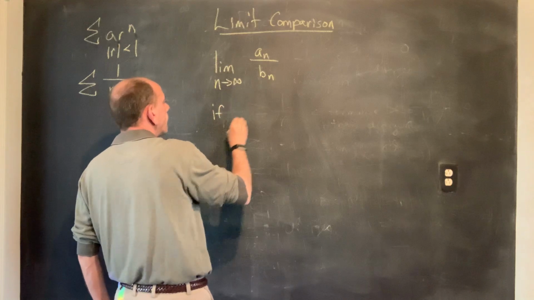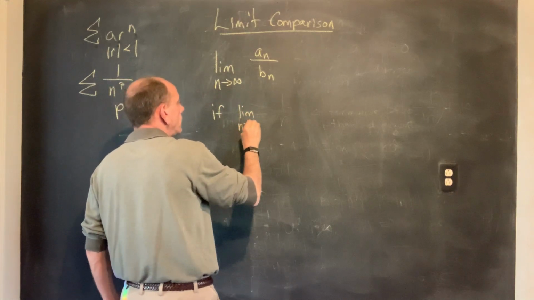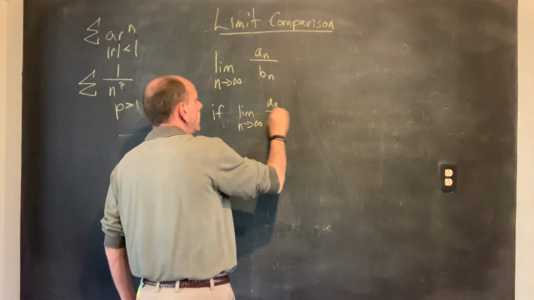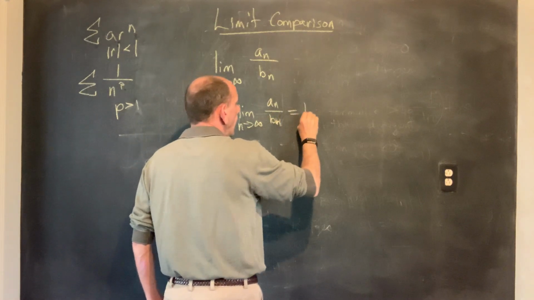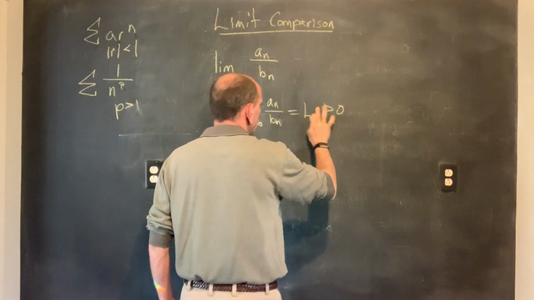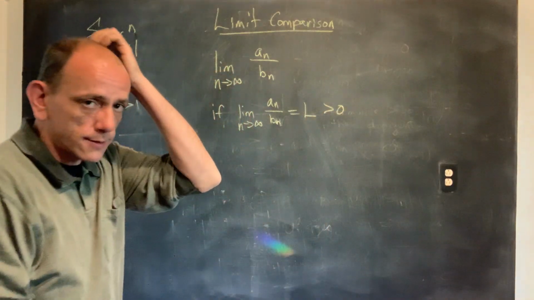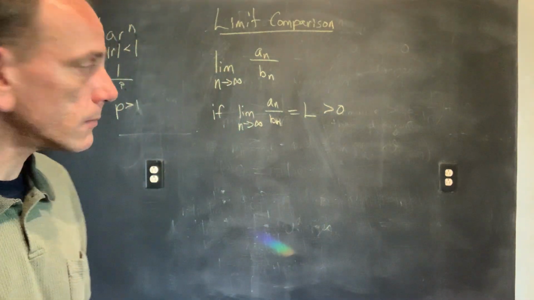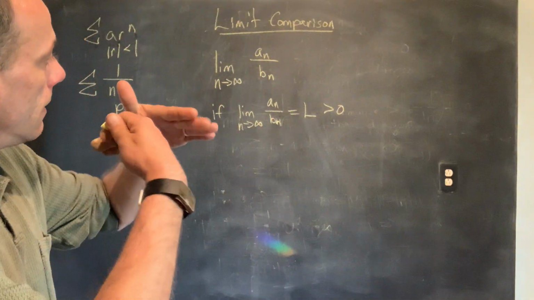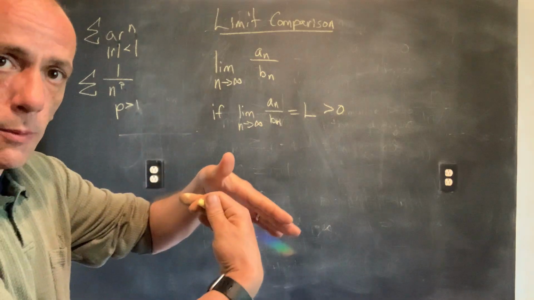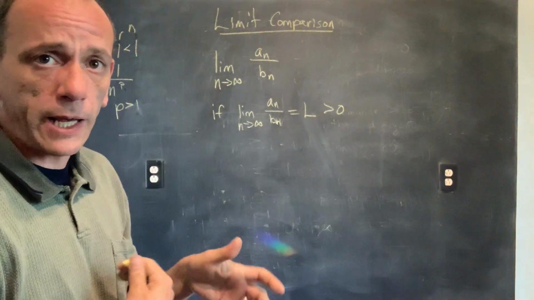If the limit as n goes to infinity of A sub n over B sub n is L greater than 0, some finite number that's not 0, then both the series B sub n and the series A sub n have the same behavior.